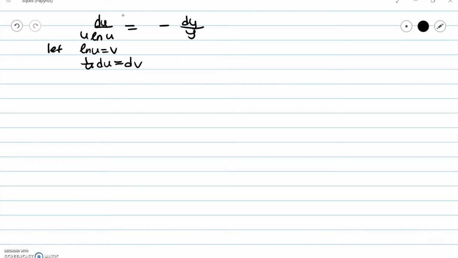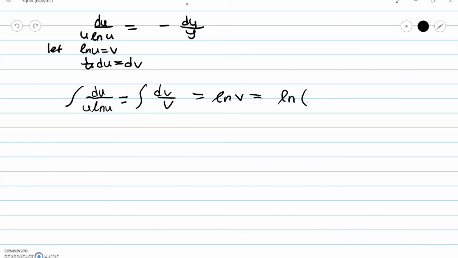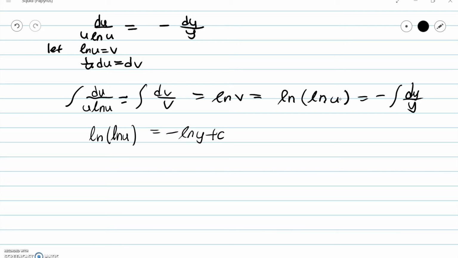By integrating both sides and using u substitution, we'll then get du over u ln u equals ln(ln u). So the ln of ln u will equal negative ln y plus c. By exponentiating both sides, y equals negative ln u plus c. And when we substitute back the original term, we will get what y is.